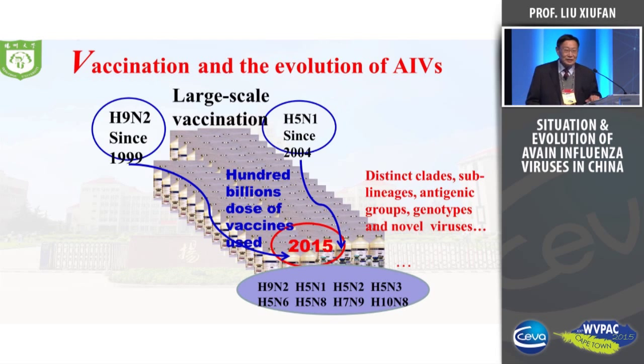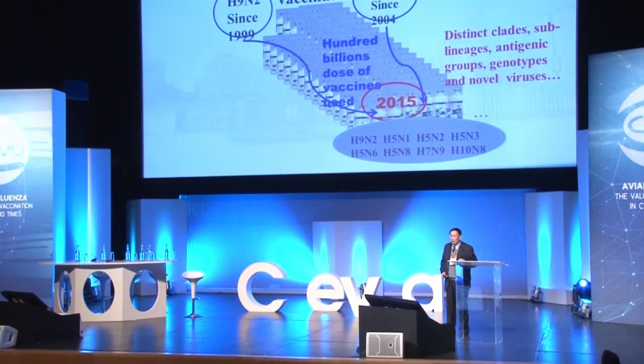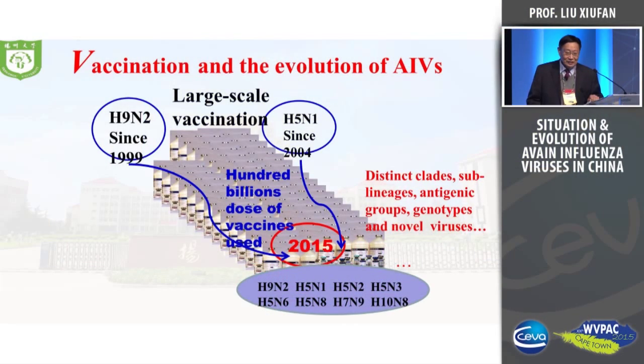Up to 2015, 100 billion doses of vaccine have been used. But the situation now is very complicated. We have a number of subtypes of avian influenza virus infection with distinct clades, sublineages, antigenic groups, genotypes, and novel viruses.